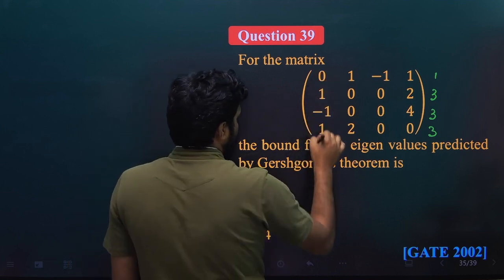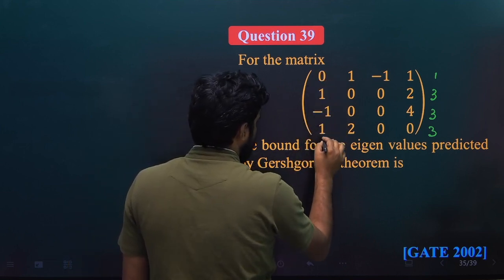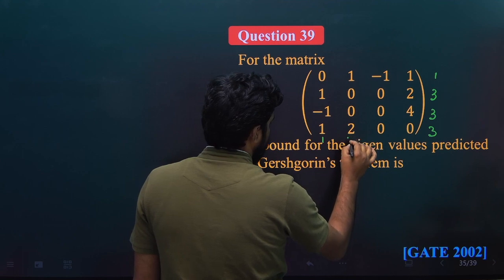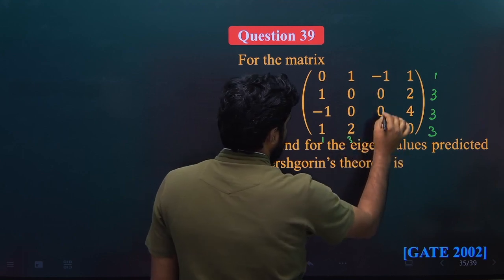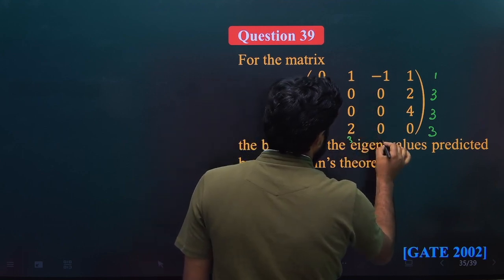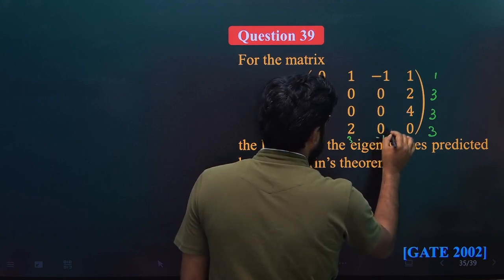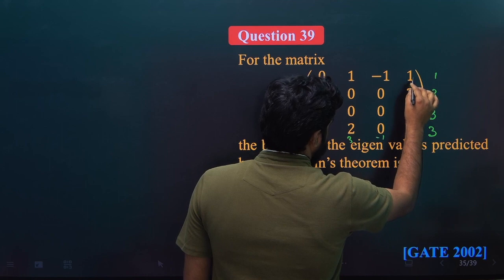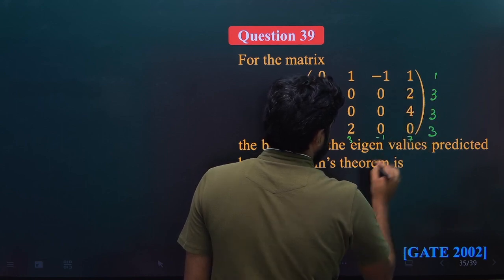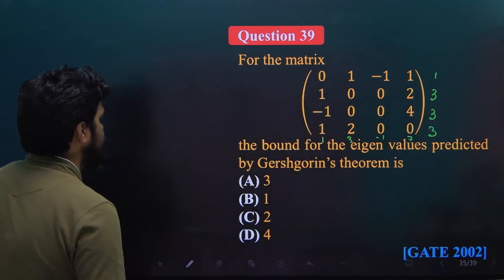Now the columns. Adding the column: minus 1, 2 plus 1 is 3, 3 plus 4 is 7, right?